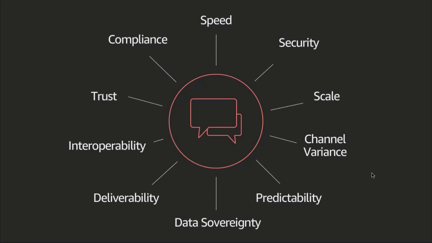From there, we think about a lot of different use cases that our customers ask us to help them enable, such as speed, scale, data sovereignty requirements, the interoperability with the different tools. I have a lot of customers that come and say, hey, I'd love to use AWS and Amazon Pinpoint, but my teams have already adopted 13 other tools. So I spend a lot of time thinking about interoperability and how can we make it easy for you to plug in AWS to your existing technology stack.